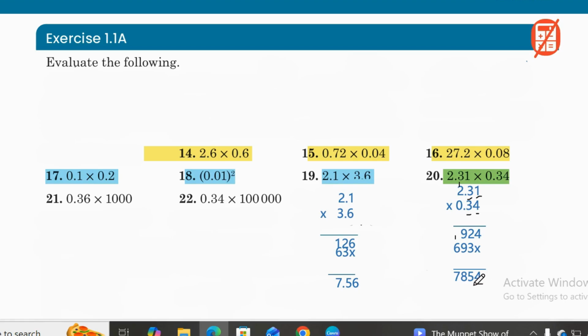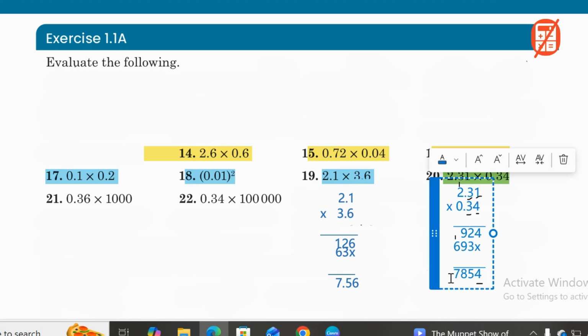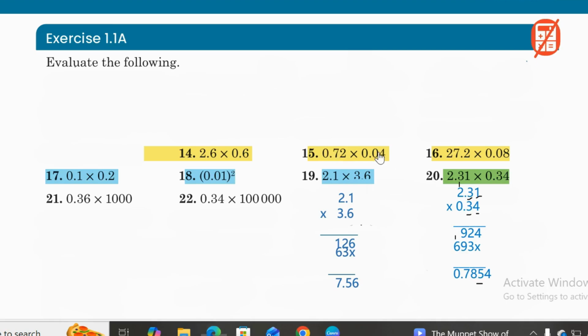So 1, 2, 3, and 4, and over here we are going to put the decimal. Let's do it. So here comes the decimal, and it's 0.7854.